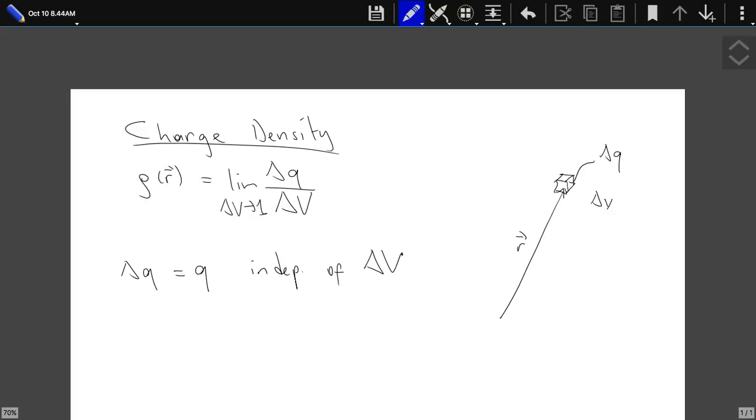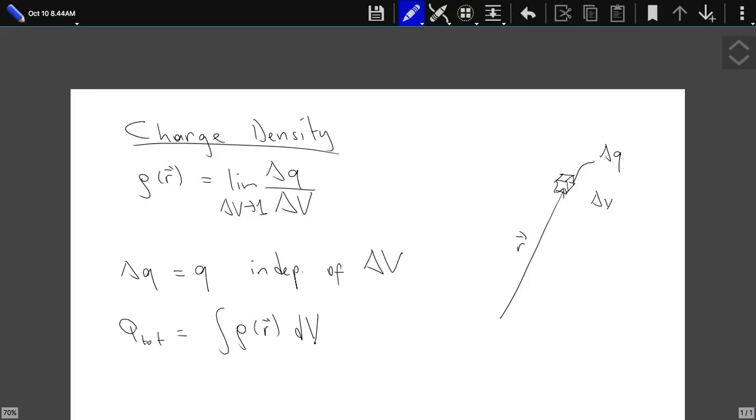So it looks like the Dirac delta. Furthermore, note that Q total is equal to the integral of rho of R dV over all space. So if you have this point charge, its charge density will be 0 everywhere except on that point.